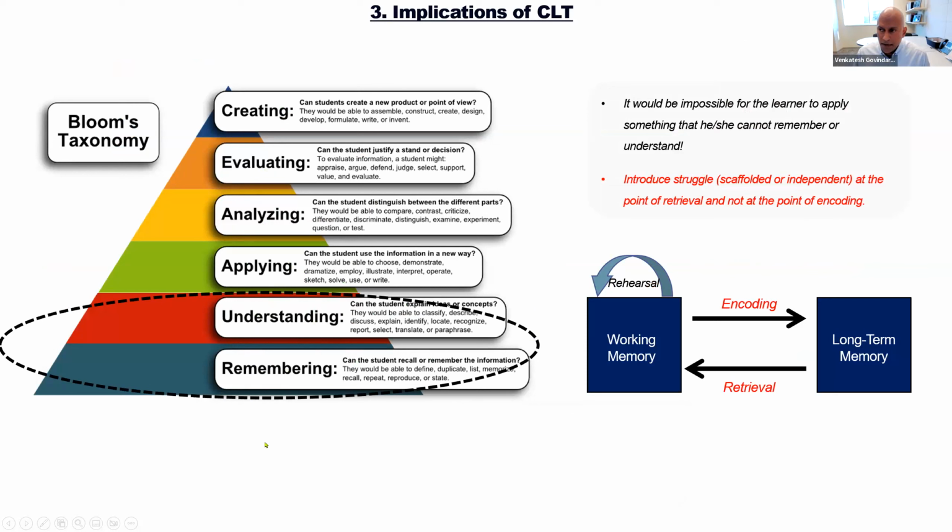So we cannot leapfrog a student to the upper levels of this pyramid by skipping the lower levels, nor can we outsource this to Khan Academy or other learning resources. This bit is extremely important, and the teacher's role in this is very critical. After all, a student cannot apply something that he or she cannot remember or understand.